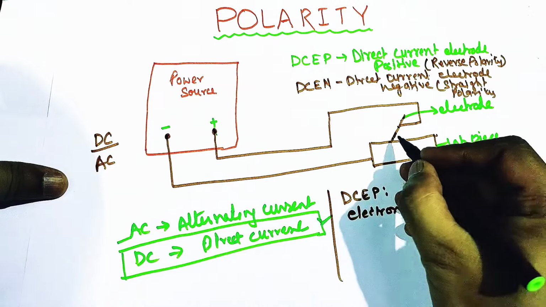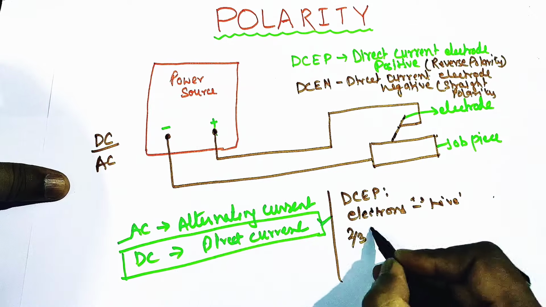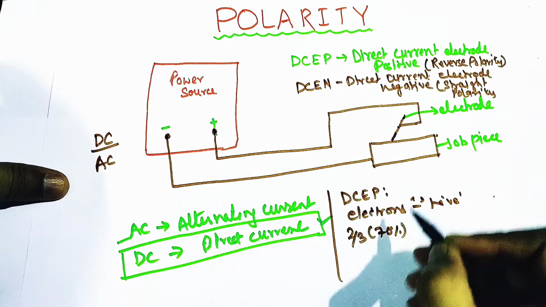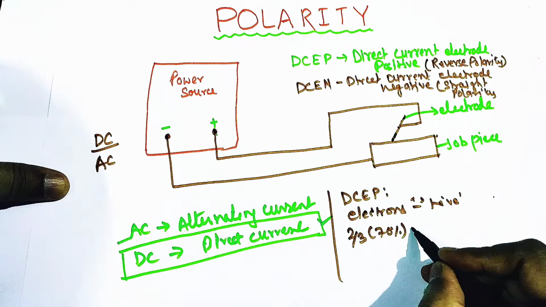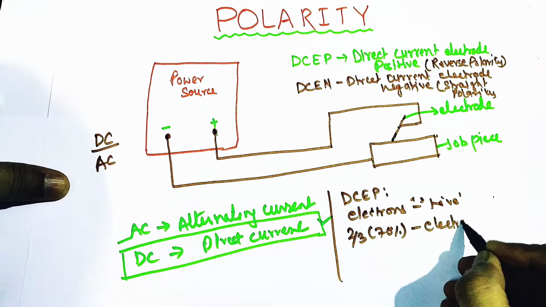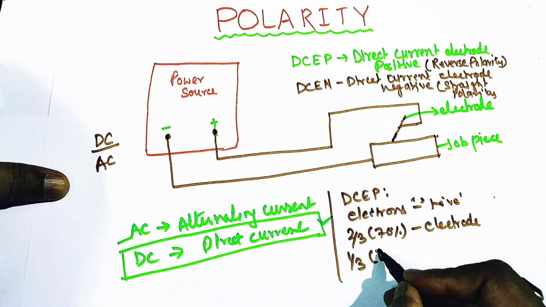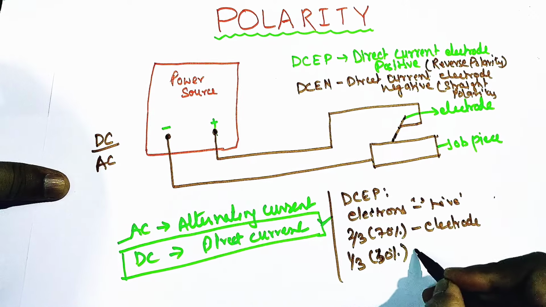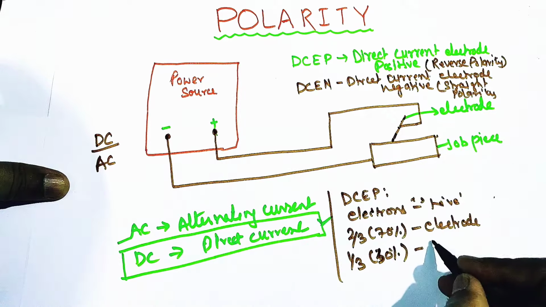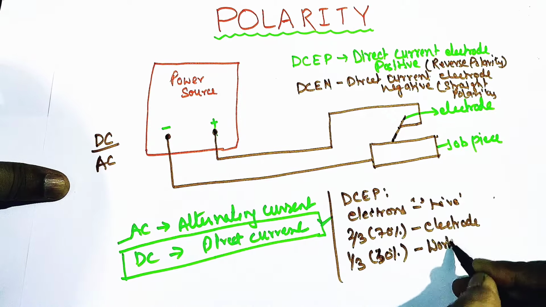So what happens? 2/3 or 70% of heat is generated at the tip of the electrode, and 1/3, that is 30% of heat is concentrated at the workpiece or job piece.